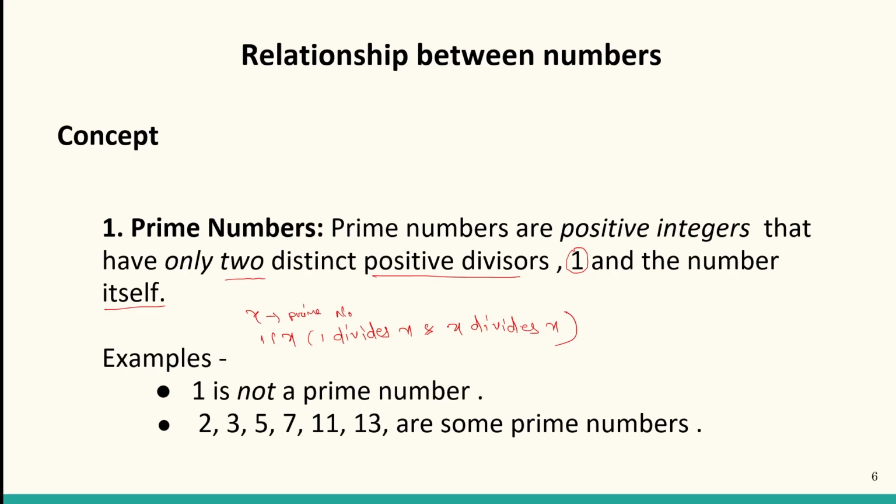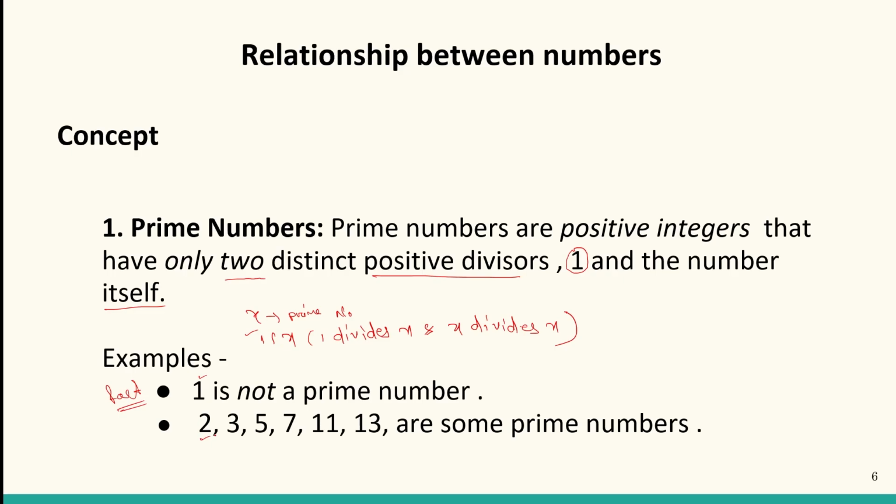This is the only property that it needs to satisfy in order to be a prime number. And 1 is not a prime number. This is a fact.